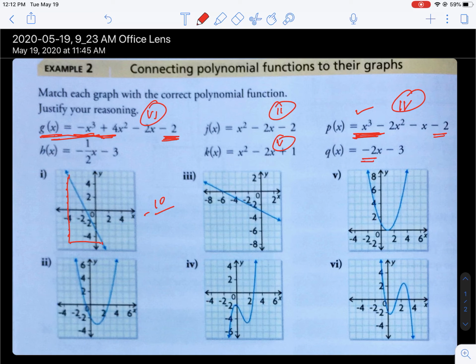And we're going to do it minus because it's a negative slope. And run is 1, 2, 3, 4, 5. So if we simplify this, we can divide both by 5. So our slope will be -2 over 1, which is -2. Okay, so definitely this graph 1 is this one. Okay, and the remaining one is 3. So this is our graph 3.